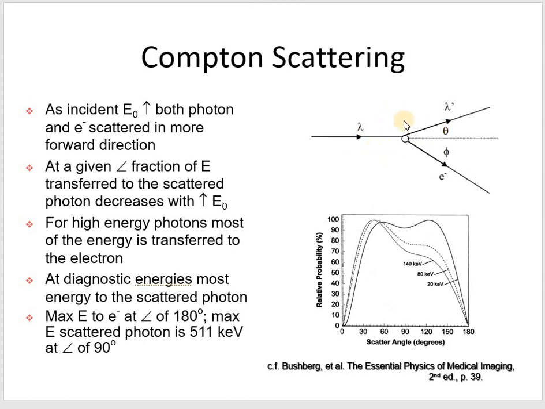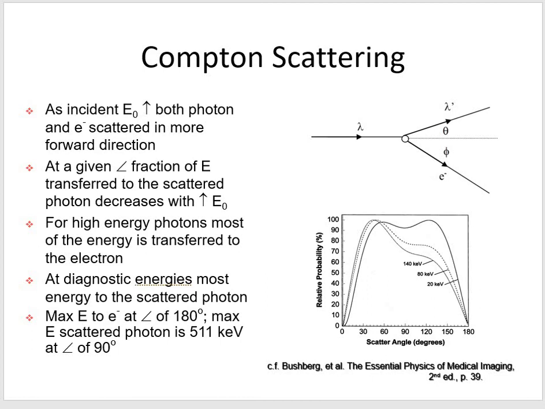But that being said, the maximum energy to the electron is transferred at 180 degrees, and the maximum energy of the scattered photon is at 511 keV at angle 90 degrees. So these two figures summarize what happens with the scattered photons and recoil electron during the Compton scattering interaction.